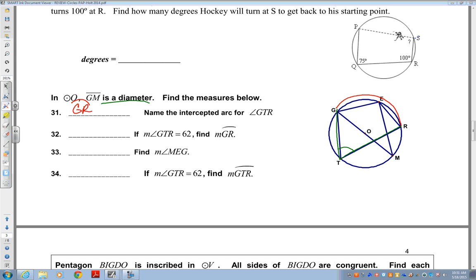But for it to be major, what must it have? A measurement of... If it's a major arc, it has a measurement of what? Greater than 180, less than 360. Yes. For it to be major, it has to be greater than 180, but less than 360.